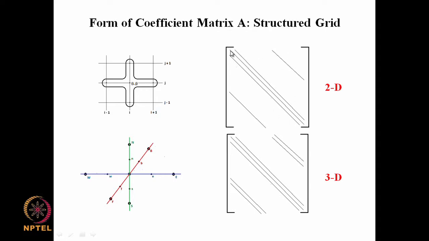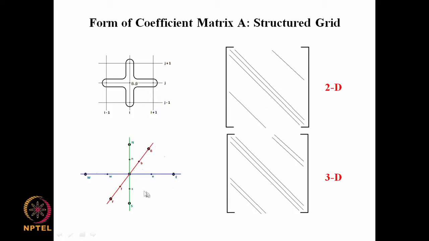So, all the non-zero points lie along the main diagonal and the immediate higher diagonal and the immediate lower diagonal, and then there will be lots of zeros here, and then you have a non-zero diagonal and then 0 diagonals like this.